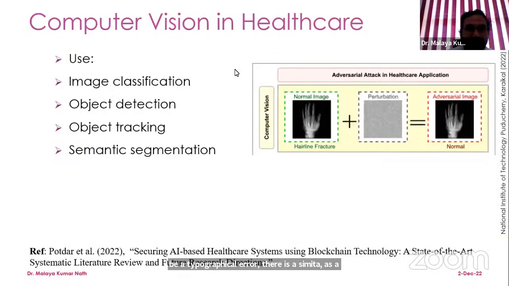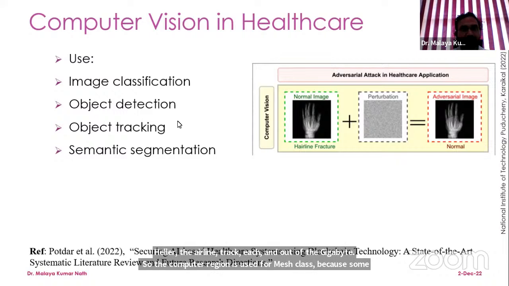Here is a computer vision healthcare system in which an attack is present. Here there is a normal image with a hairline fracture. If we add some perturbations to this X-ray image, an adversarial image is generated in which the hairline crack is not visible. Computer vision is used for image classification, object detection, object tracking, etc.